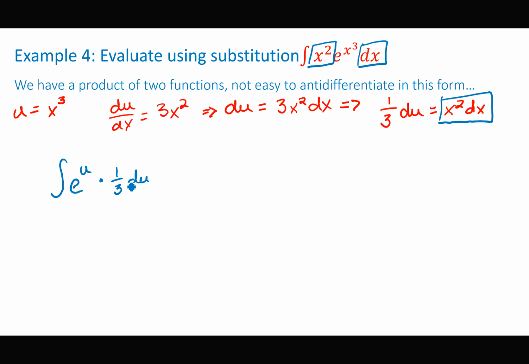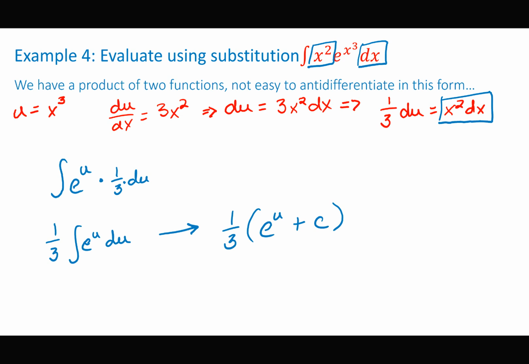It's a constant multiple, because this is e to the u times 1/3 times du. So 1/3 I can bring out. And so this is now e to the u du as my integral. If I were to anti-differentiate e to the u, what do I end up with? Just e to the u again, but this 1/3 is still there. So it's 1/3 e to the u plus c, but that c just represents some constant number.